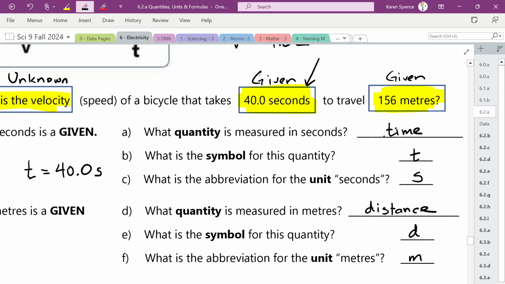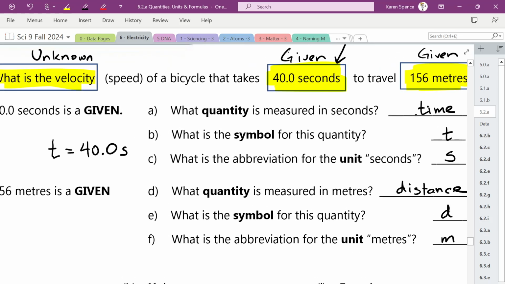M. So if we wanted to write something similar to T equals 40 seconds, what would we write? Instead of T, we would write D. Instead of 40.0, we would write 156. And instead of seconds, we would write meters. Is that good? Okay.